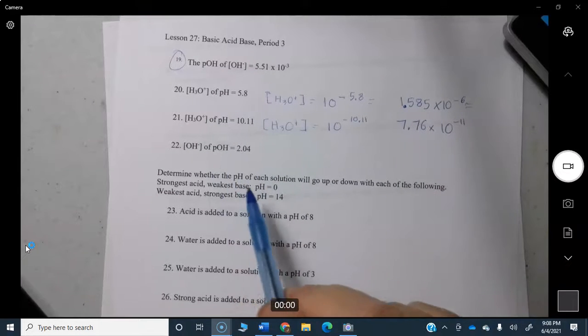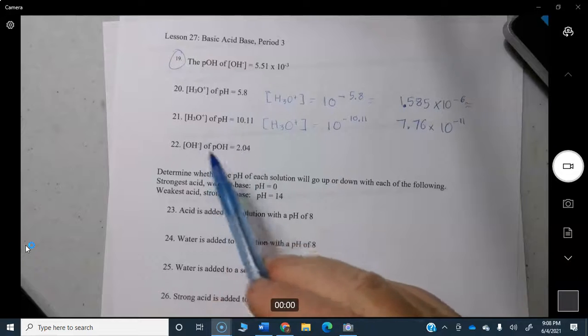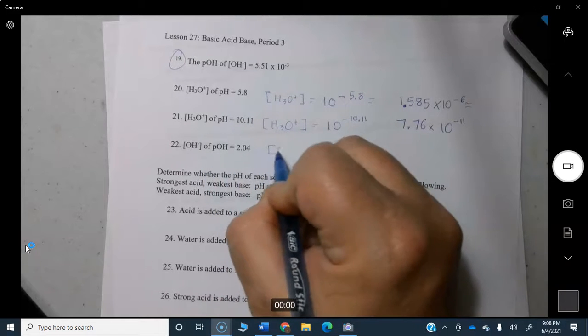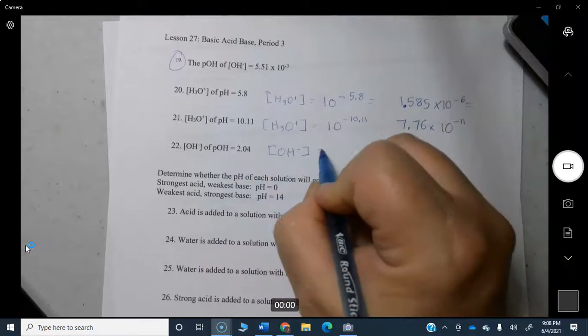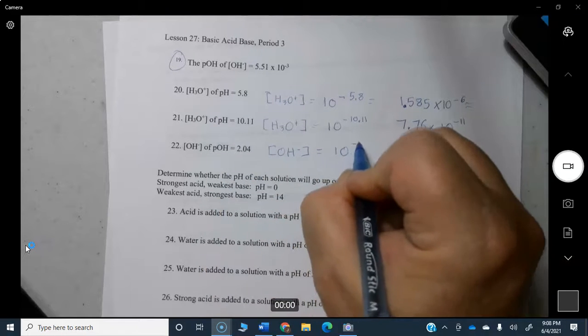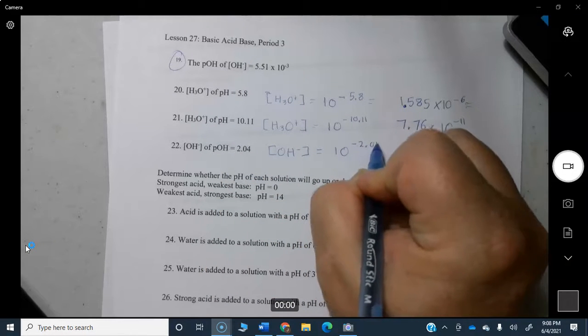Okay, this one's going to be an OH concentration, a hydroxide concentration. So this is for a base. So it's a pOH, but it's done the same way. It's 10 raised to the negative 2.04.